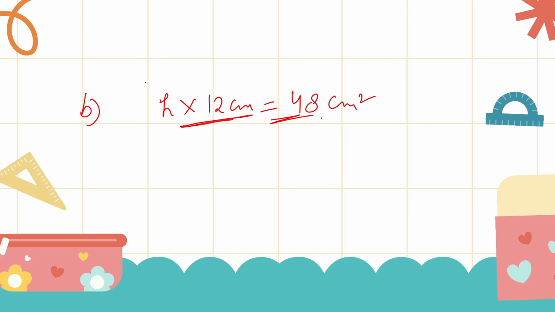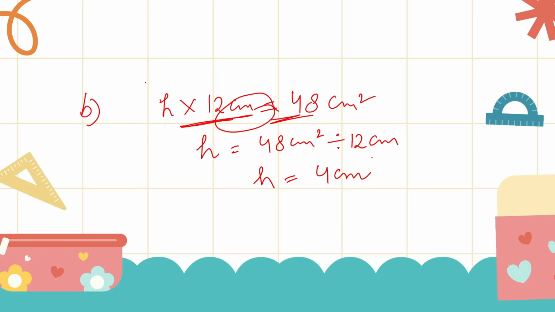Now the area is given and we need to find height. Height means altitude. We will divide this way, because here it is multiplication, and on this side we will divide it. So height is 4 centimeter. 12 4s are 48. So this sum is completed.